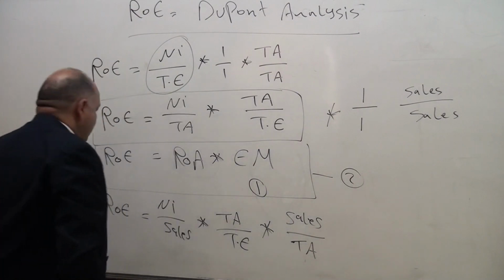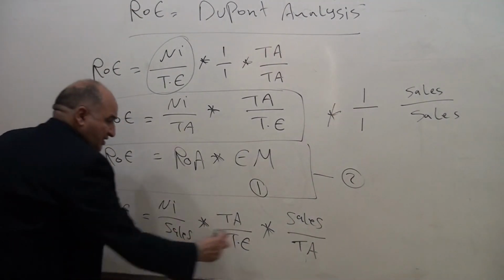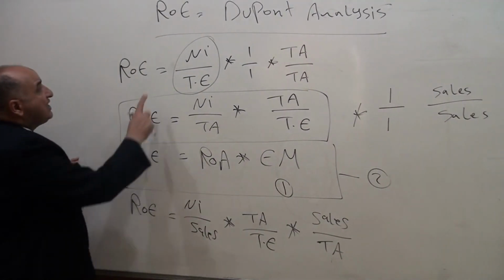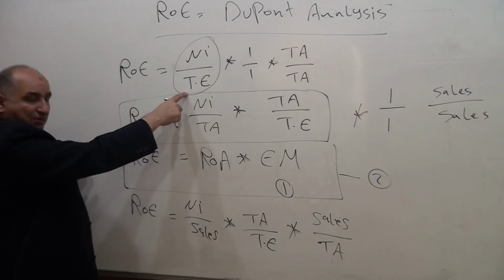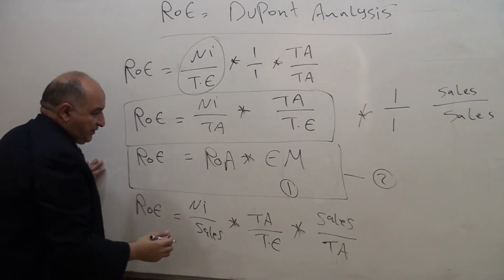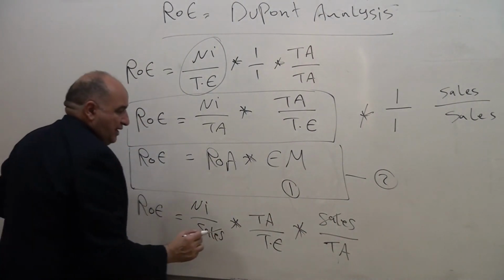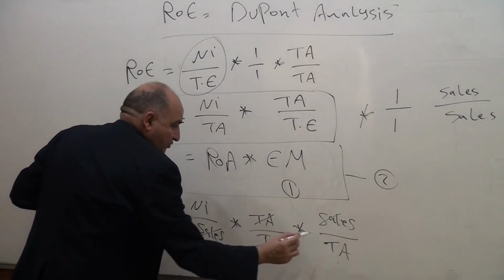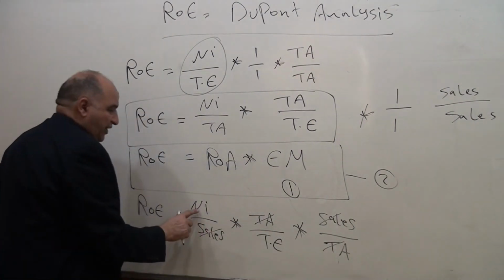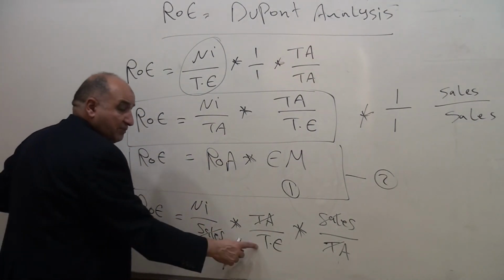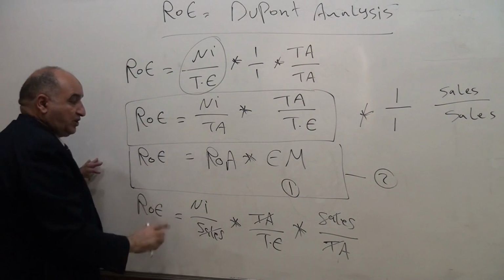Okay. You have to know that this long equation gives you the same old one, net income divided by total equity. If you take this sales with this sales and this total assets with total assets, we have net income divided by what? Total equity. So this is right.